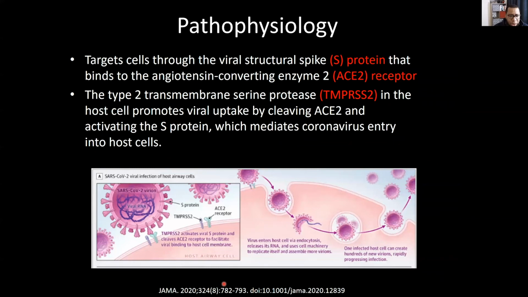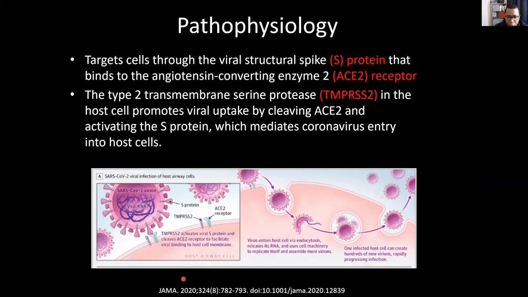They target host cells through the viral structural spike, the so-called S protein, and that binds to an angiotensin converting enzyme 2 receptor in the host cell. And the type 2 transmembrane serine protease in the host cell promotes viral uptake by cleaving the ACE2 and activating the S protein, which mediates coronavirus entry into host cells.